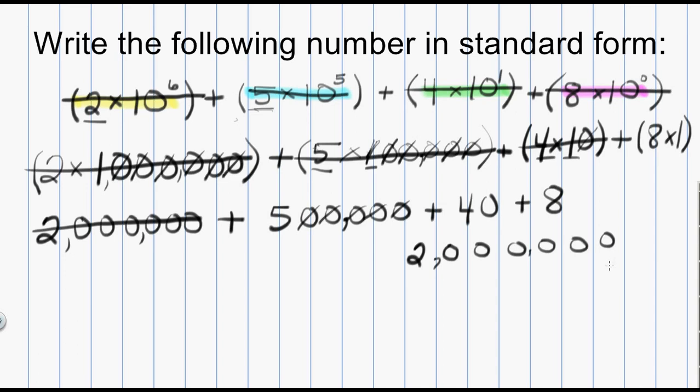And then starting on the right column and working left, I'll add 5 zeros. So 1, 2, 3, 4, 5. And then bring that 5 on down. And for the 40, I've got 1 zero. So I'll put 1 zero in the right column and bring my 4 on down. And then finally I've got 8.